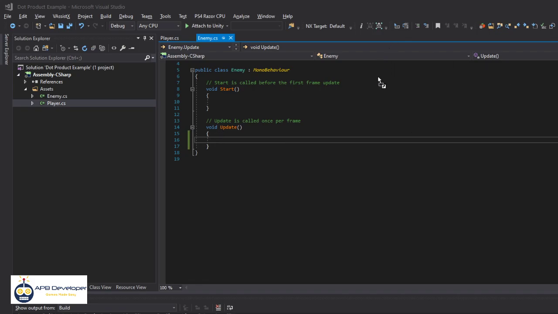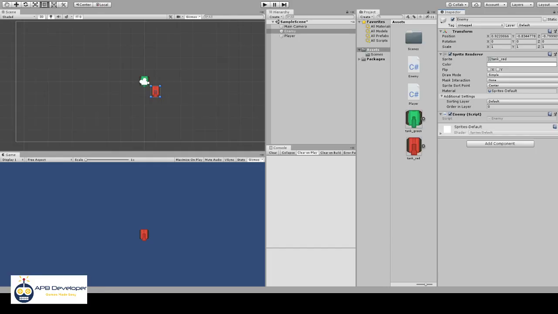So this is the enemy. So the enemy is red. Set 5 by 0 by 0.